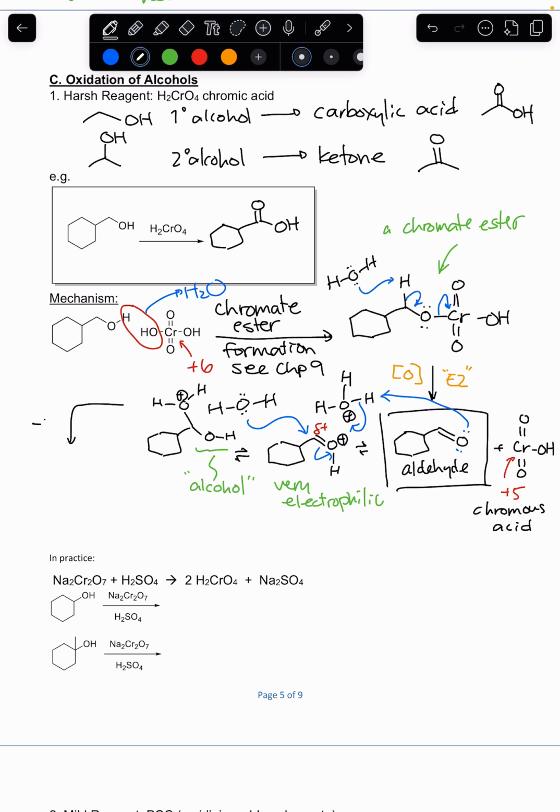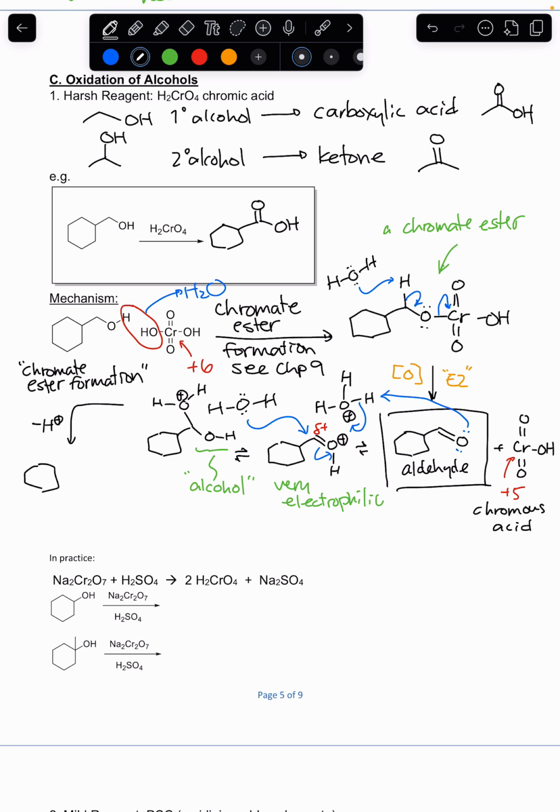after loss of this extra proton, this could undergo another chromate ester formation again. And again, for the actual mechanism, perhaps on the exam, I want you to draw out the whole mechanism. Again, we're just going to talk about this ester formation in the next chapter.